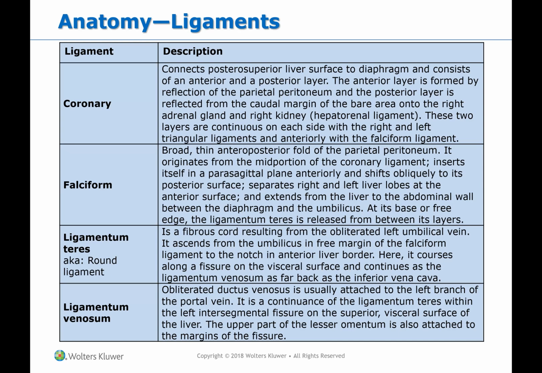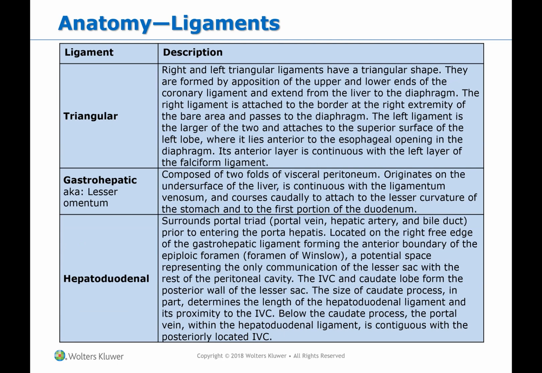The ligamentum teres, which was the umbilical vein when we were a fetus, ascends from the umbilicus and free margin of the falciform ligament to the notch in the anterior liver border. The ligamentum venosum was the ductus venosus in that fetus, and it is usually attached to the left branch of the portal vein. There's also a triangular ligament, a gastrohepatic ligament, and a hepatoduodenal ligament.